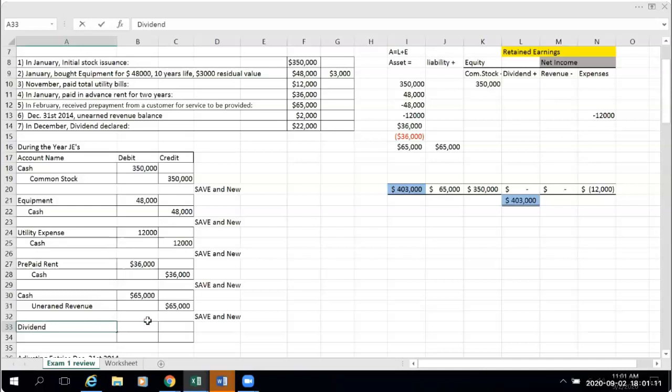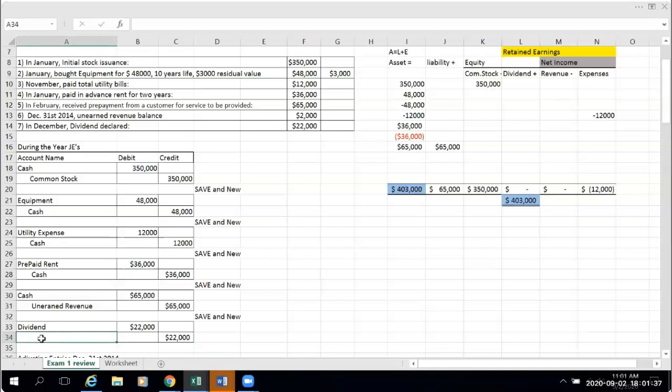So dividend will be equal to that $22,000, enter, and something has to be credited. Normally, if it's paid cash at the same time, you would say that cash should be credited, right?